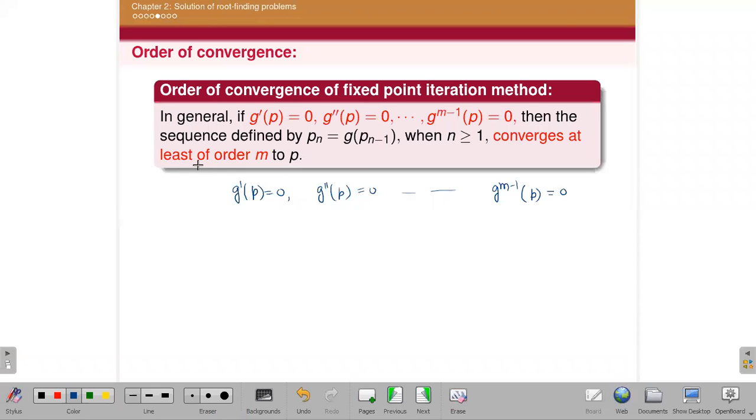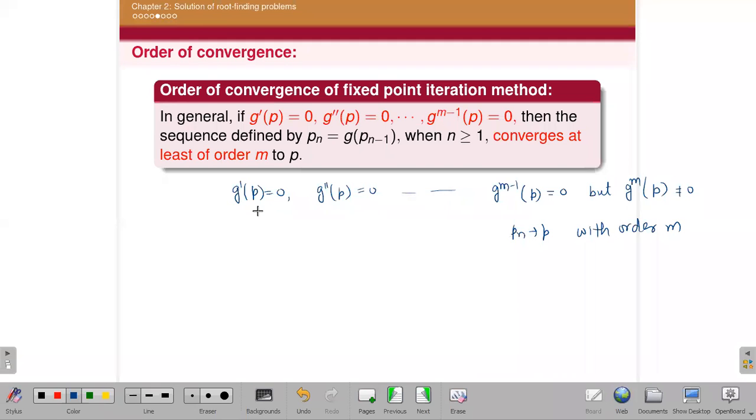Why am I saying at least? Here if you write, suppose mth derivative is non-zero, then you will say Pn is converging to p with order m. But here I have not taken this condition, mth derivative at p is non-zero. That's why it is at least of order m. So maybe mth derivative at p also can be 0. But if you prove that it is also non-zero, then this will be the order m only.